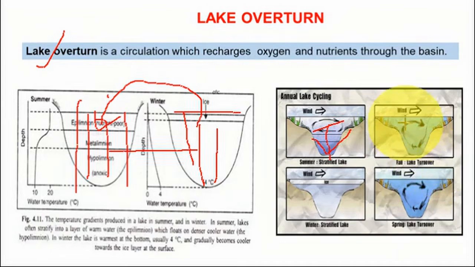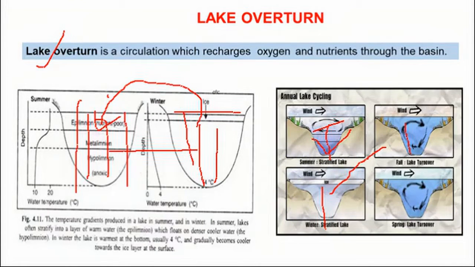Then there is a mixing of water where the layers have gone, the layers are not there during the fall, and then the overturn is different. Then it comes to winter, where this mixing is lost and there is a slight layering; you can see ice is there and below it, 4 degrees Celsius. So this situation has a different lake overturn.